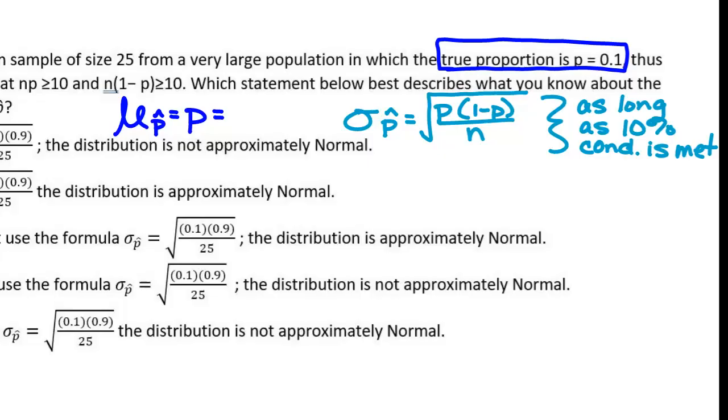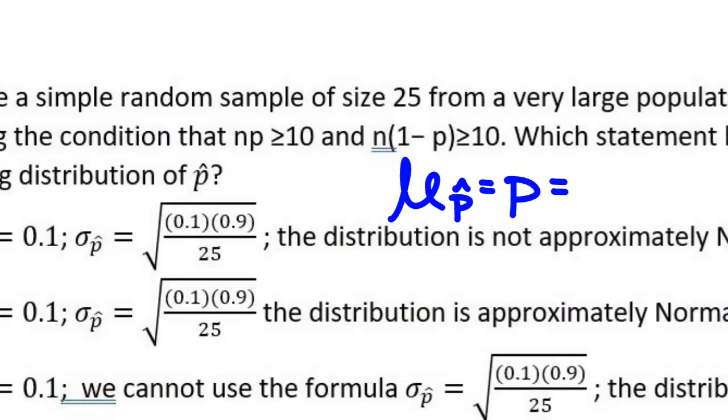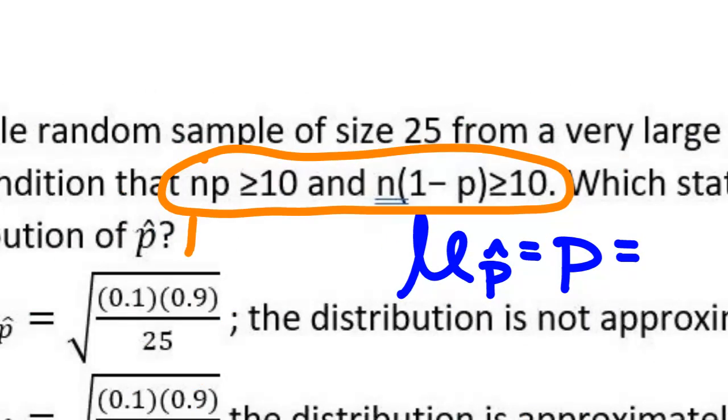We do not have normality because we don't get large counts. That's what they're talking about here with these pieces. This is large counts, which checks for normality.